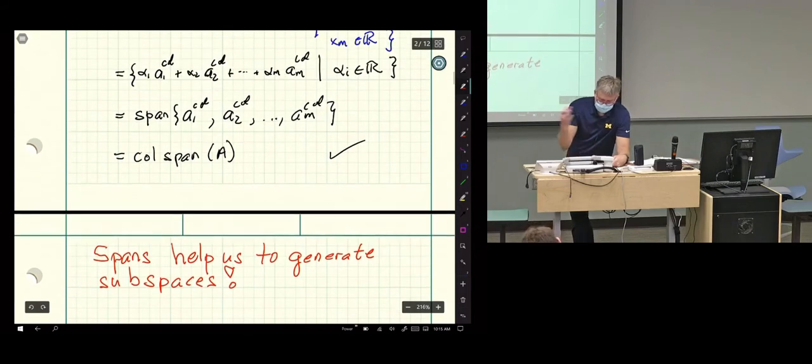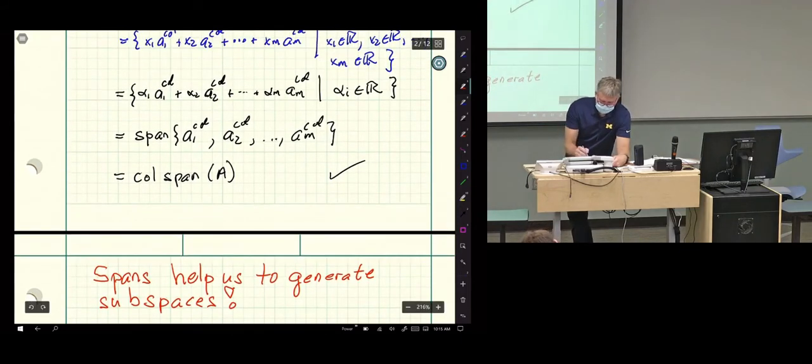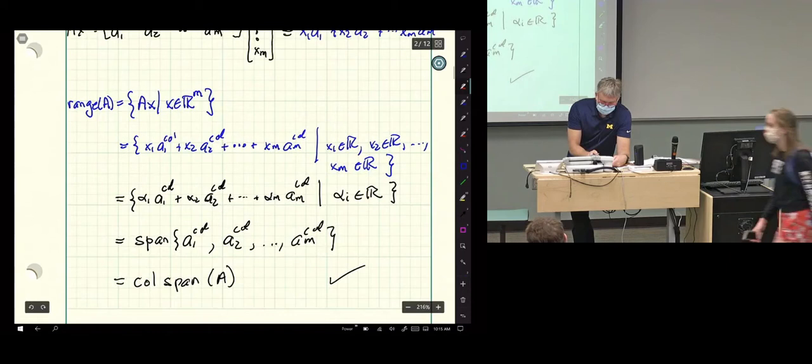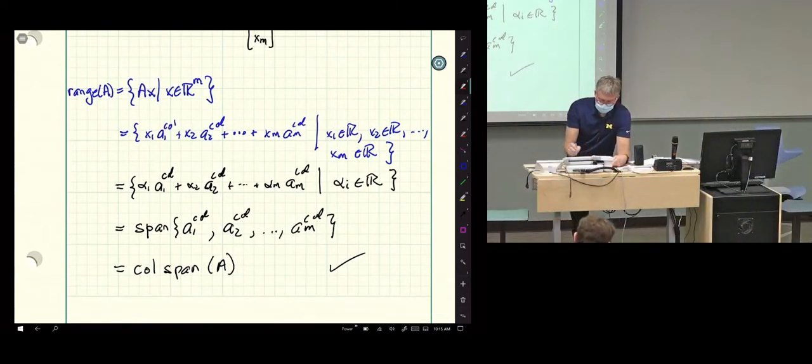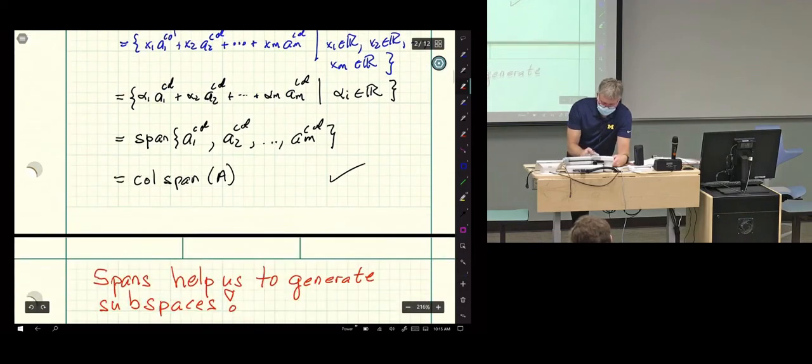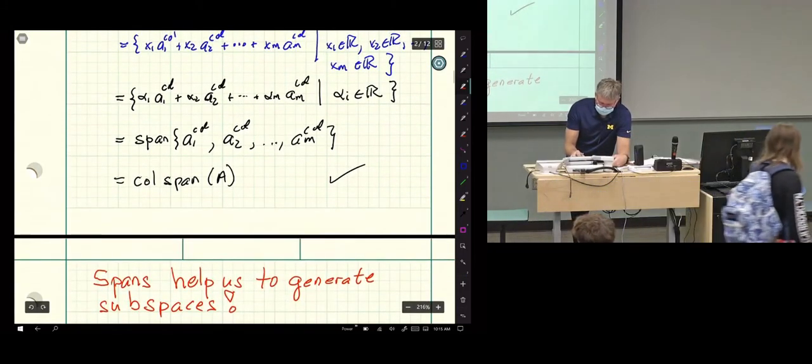Okay, so it's just more compact notation. We could always have just said range of A is the set of all possible linear combinations of the columns of A, but that's wordy. So span is just this compact notation that does the same thing.